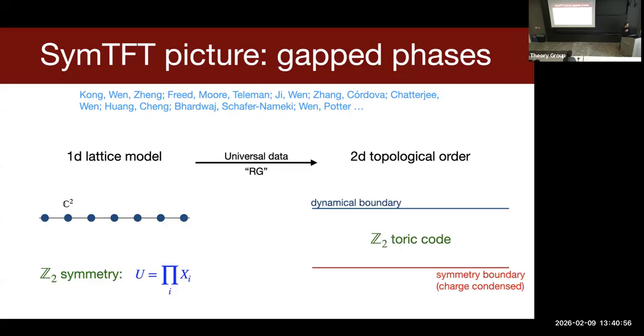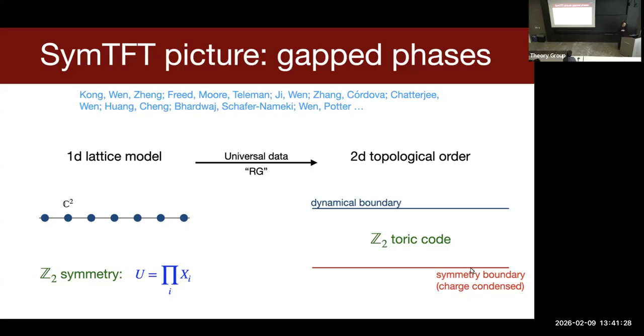And the way to encode this in a two-dimensional topological order is via this appropriately named sandwich construction. So the 1D lattice model is viewed as a thin slab of a two-dimensional topological order. The bulk is the inner part of the sandwich, and the top and bottom are determined by a boundary condition of the topological order.